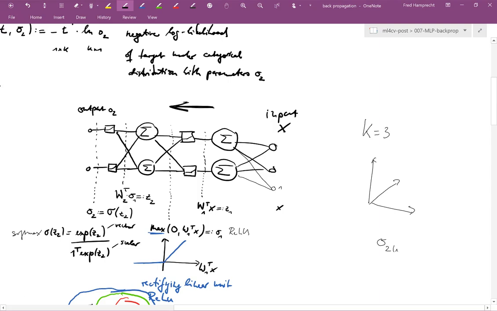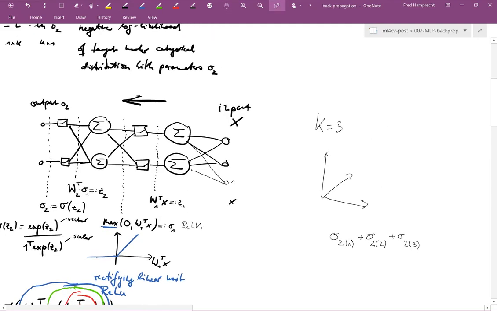I could talk about the first neuron in the output layer, the second neuron in my output layer, and the third neuron in my output layer. I want to require that they sum up to 1 and that they should all be non-negative. Geometrically speaking, this means for 3 classes that I want my outputs to live on this equilateral triangle here.